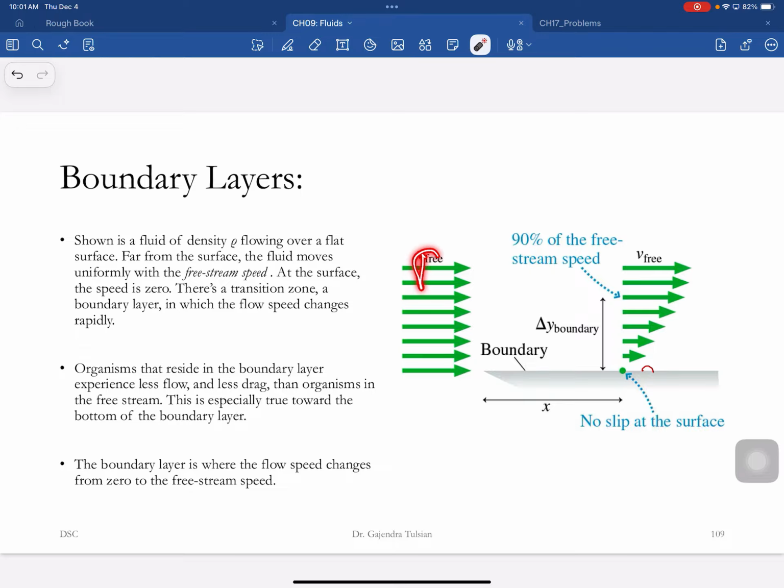So if you're living here, then you get blown around. This is especially true towards the bottom of the boundary layer. So if you're living there, then you experience less drag in your life. For instance, if you're tiny like this and there's food here, you have no problem walking against the wind there because you're not feeling the wind.